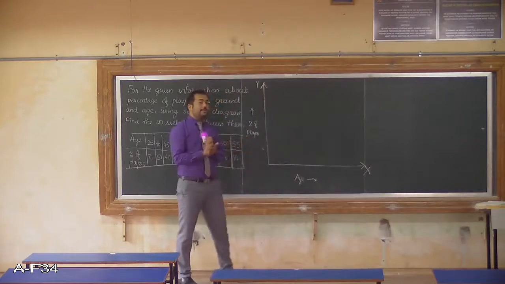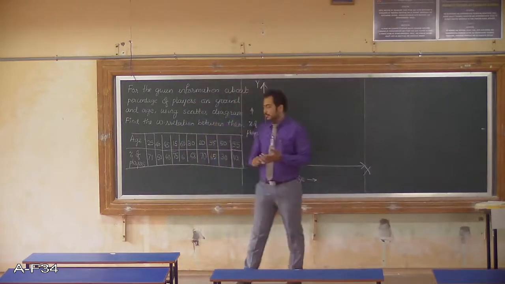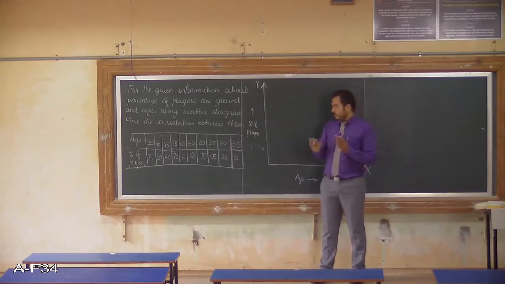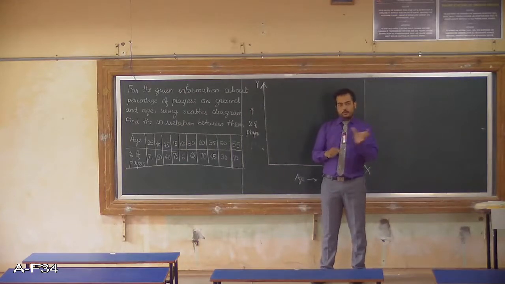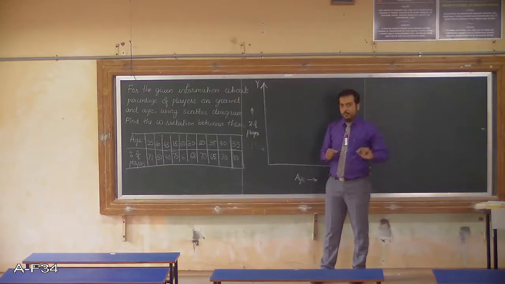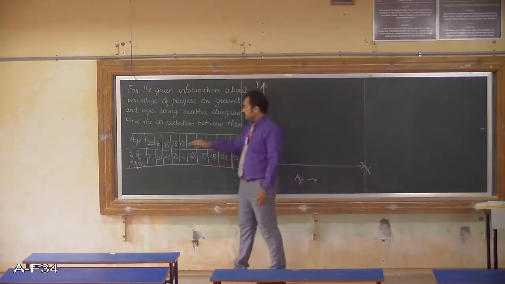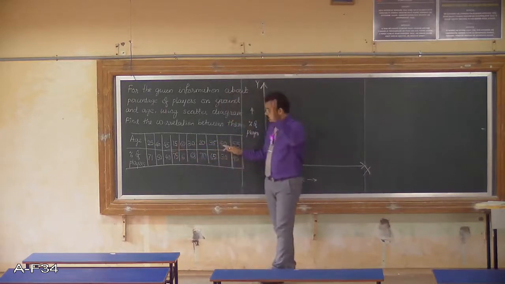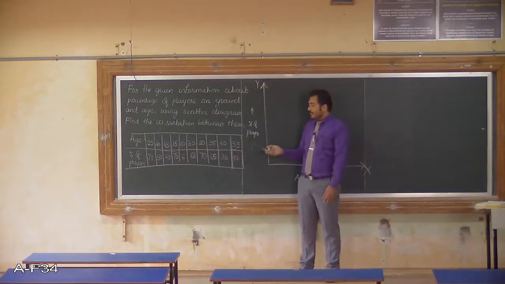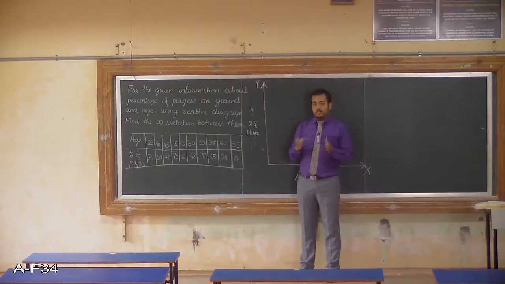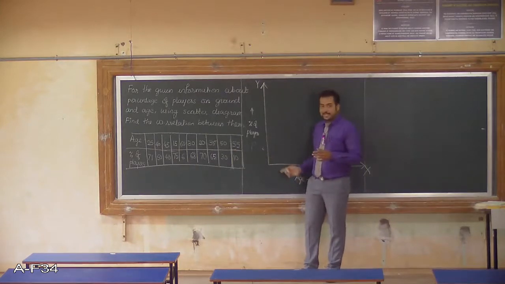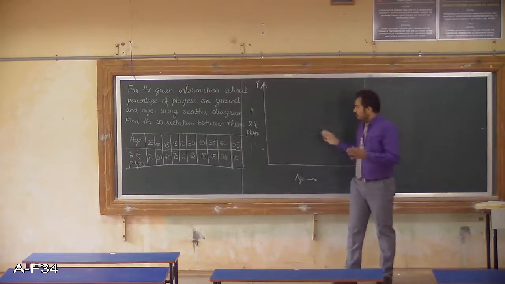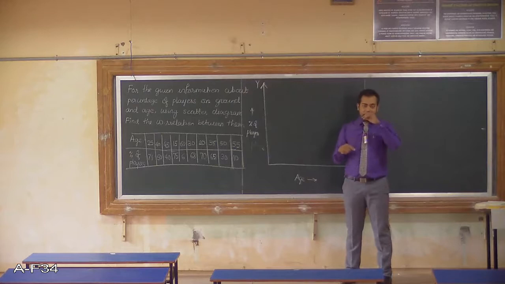Now we have to finalize the scale. To make a scale, first you need to understand the range of this variable. What is the minimum and maximum value? In age we have 15 as the minimum and 60 as the maximum, so we have to cover the values from 15 to 60 on the x-axis.